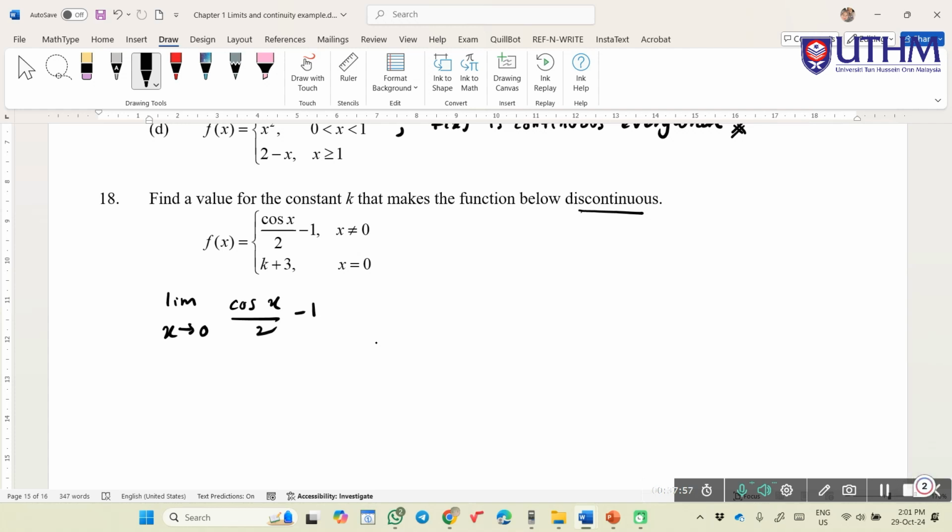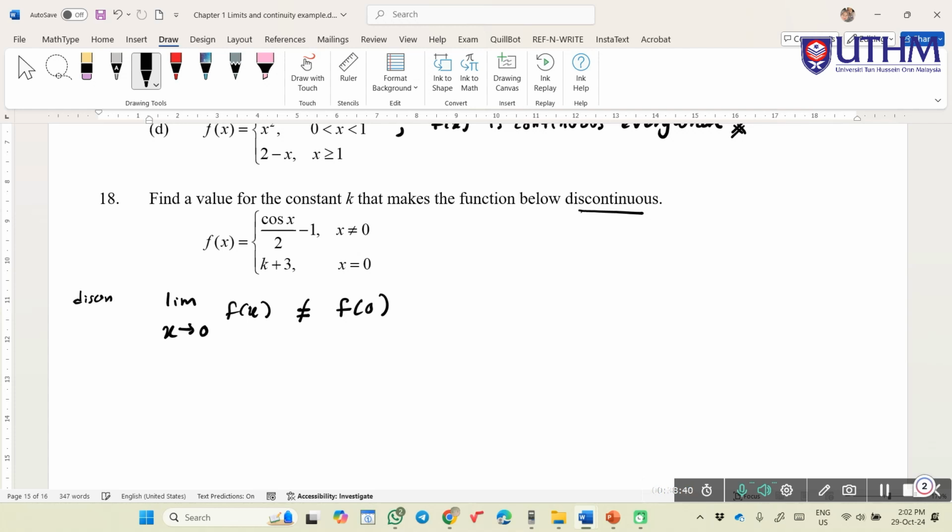Let me rewrite this. Let's say this is f(x). The function is continuous if the limit is equal to f(0), but discontinuous if the limit does not equal f(0).